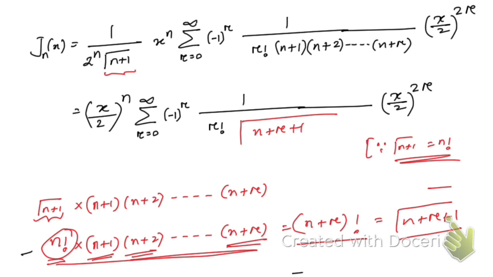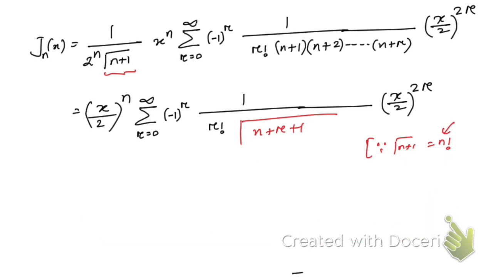Because in Bessel's function, this n is not necessarily an integer, but factorial n is only applicable for integers. So that's why we must express it in terms of gamma, gamma of n plus r plus 1, not factorial. So hope you have understood this.